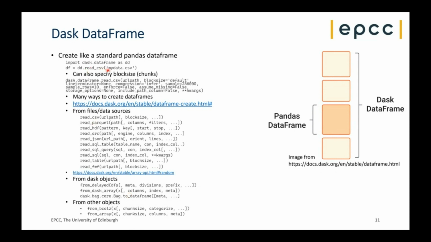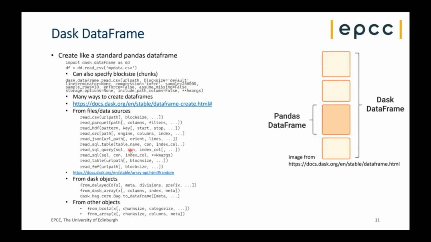So here we're reading one in from a CSV file like you would with a Pandas data frame, and you can see that we're not specifying the size here, but it is possible as part of the read CSV function to specify the chunking, or how you want to split that up across workers as well.